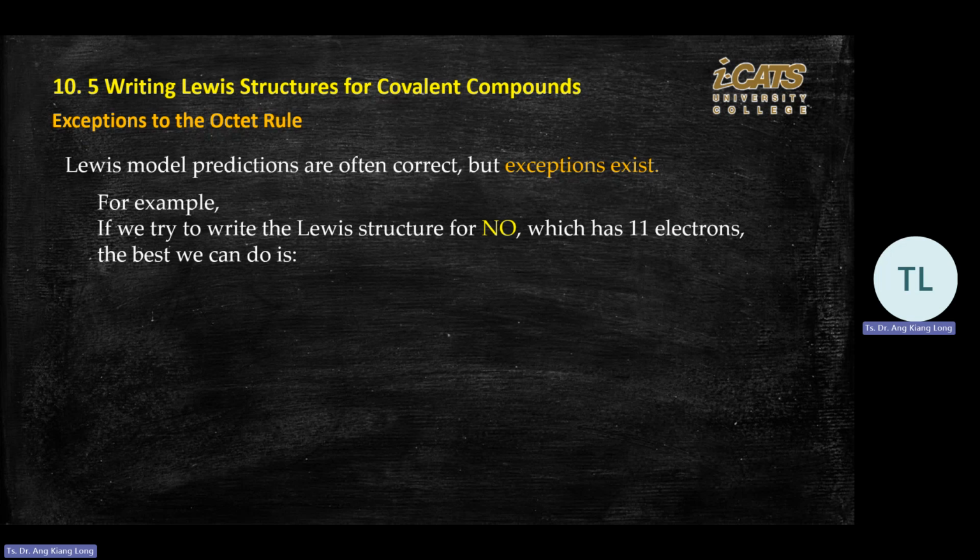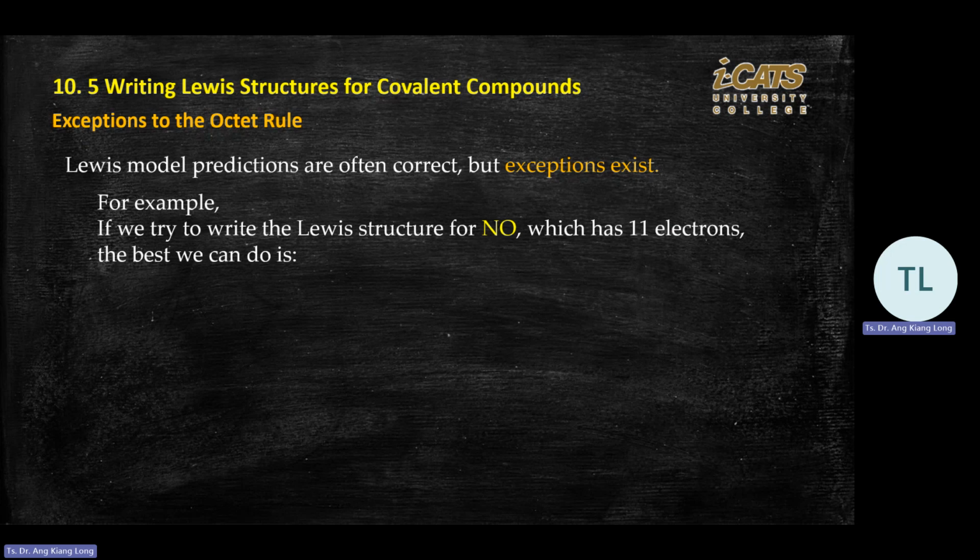In the real scenario you will find these combinations exist, although in the theory part when you calculate it, they do not achieve the octet. When you go to experiment or real life and check the bonding using instruments, you won't see the octet rule.